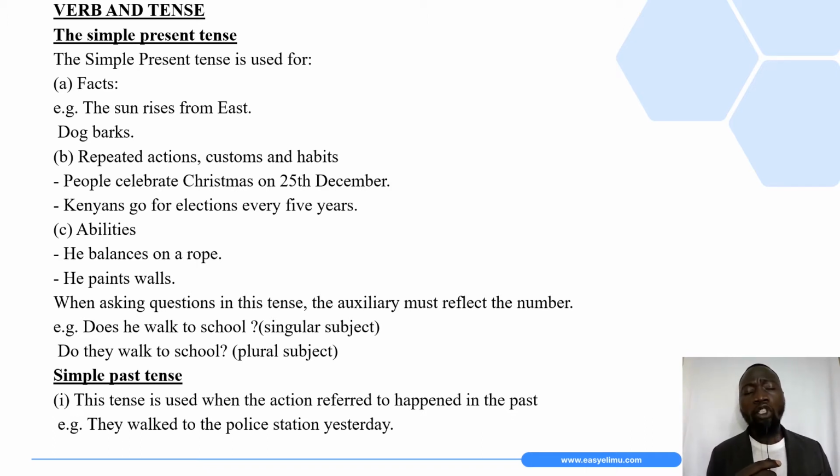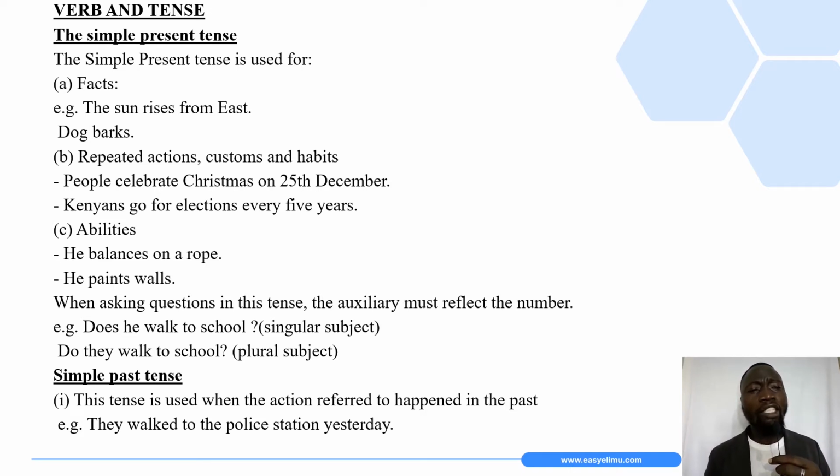We also looked at some of the uses of the modal auxiliary verbs. That is, they are used to show request, certainty. They also express possibility, probability, and so on. If you missed that, kindly check it out.